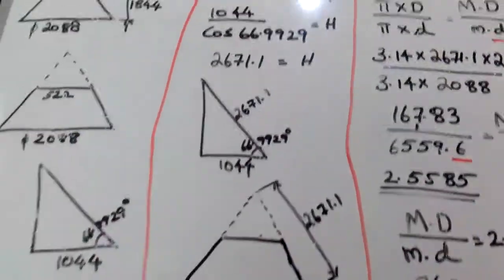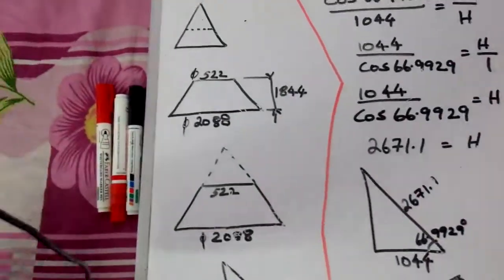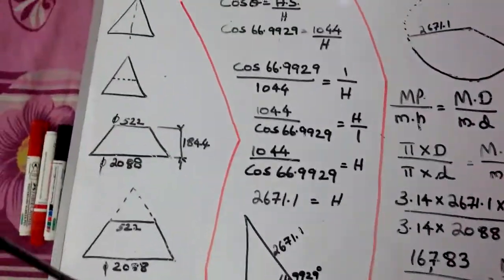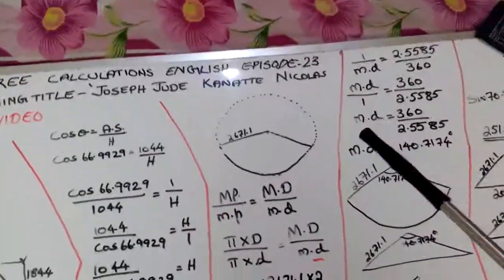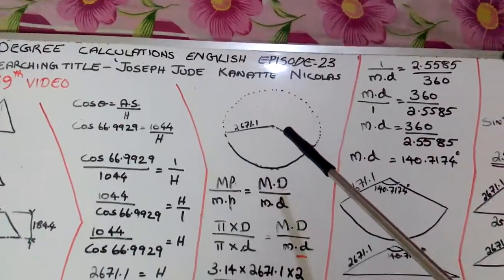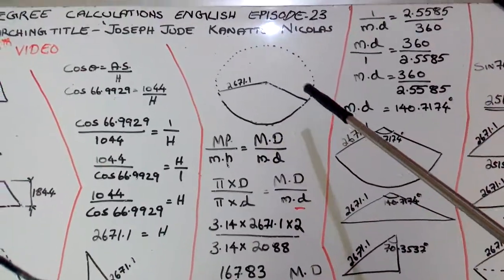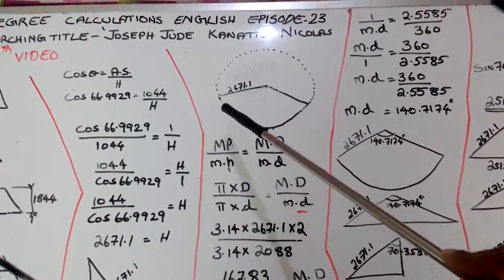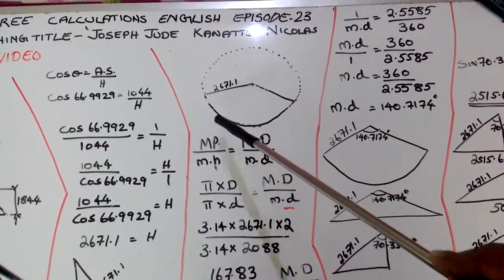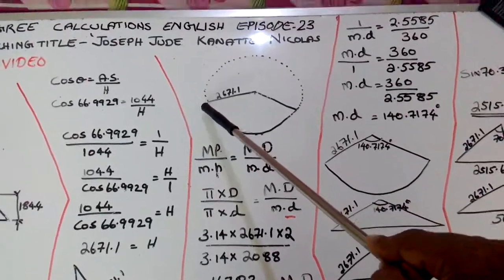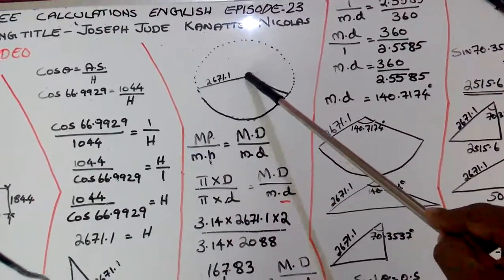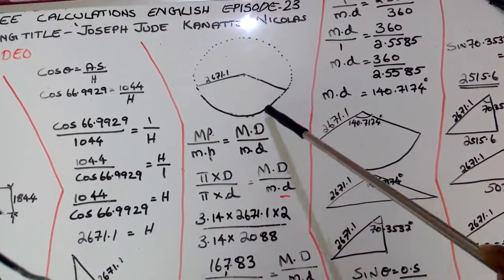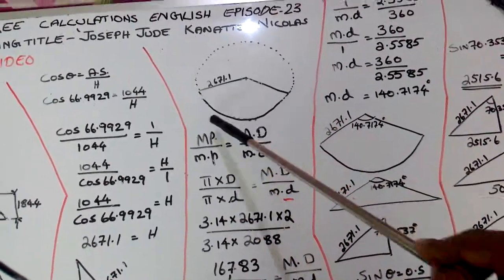That radius I have drawn here. With 2671.1 I have drawn a round. Its certain portion will be our development. So it may be from here to here and here to here and here to here. So first step we have drawn, it's a certain portion of round.